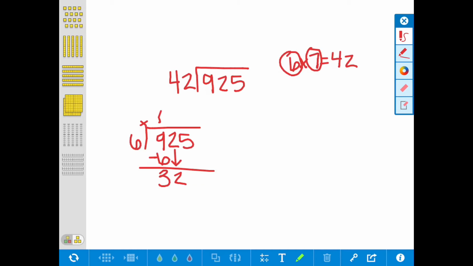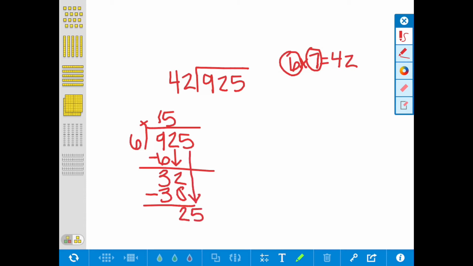We've made a new number, so what do we ask ourselves? How many times will 6 fit into 32? We know that 6 times 5 is 30. So 6 will fit into 32 5 times without going over. 5 times 6 is 30. 32 minus 30 is 2.